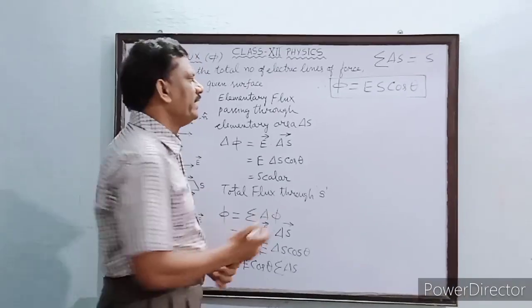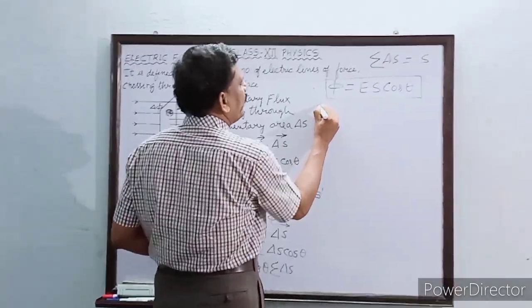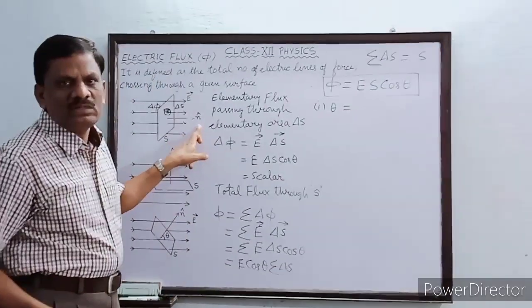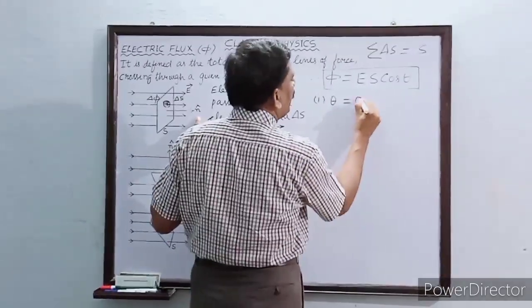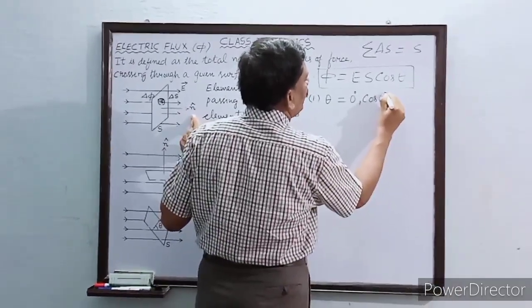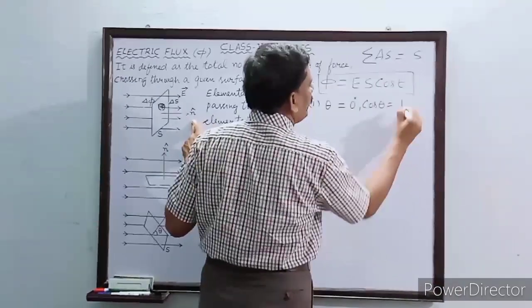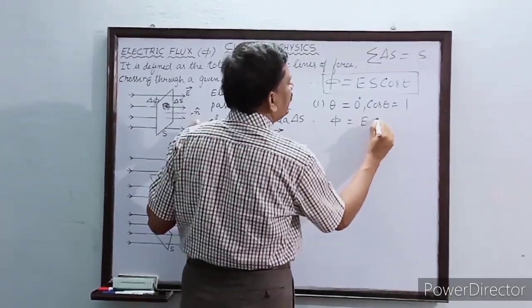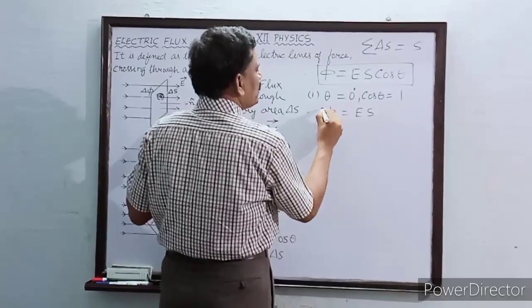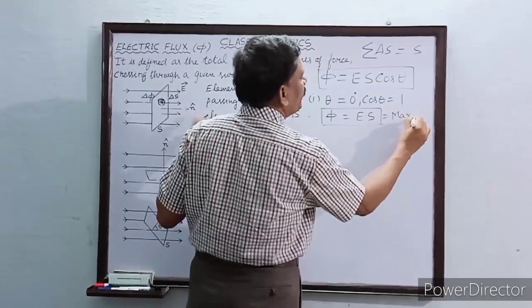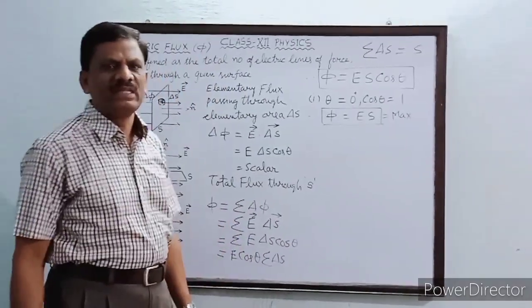Therefore, in the first case, theta is equal to 0 degree, and cos theta is equal to cos 0, which is equal to 1. Therefore, the total flux is equal to E into S into 1, and this is the maximum value of the flux.